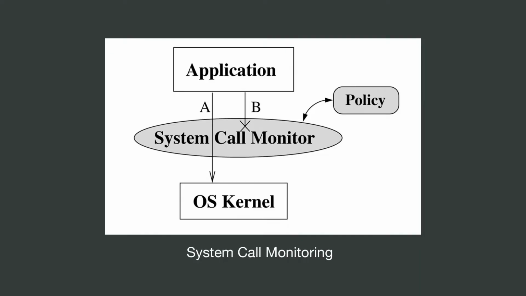In the figure, the vertical line from the application through the SCM to the OS kernel on the left, labeled A, illustrates a call that is allowed to proceed after being checked by the SCM. The line on the right, labeled B, on the other hand, illustrates a call that is blocked by the SCM because it does not match the policy, that is, deviates from the application's normal behavior.